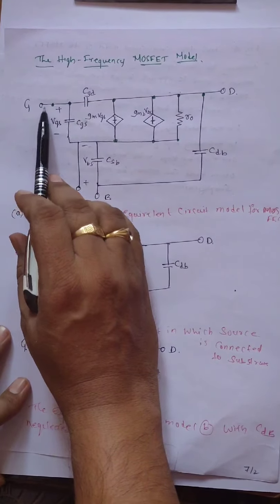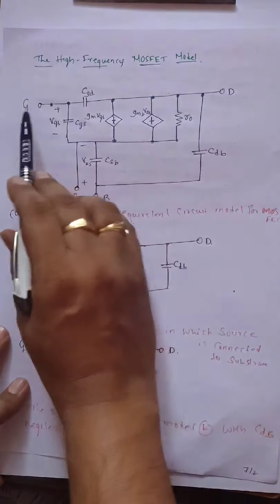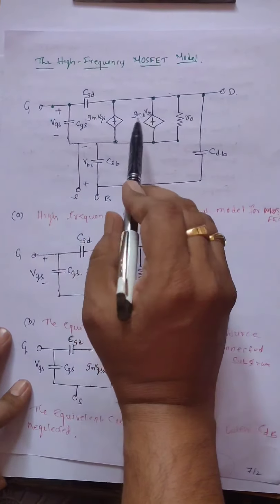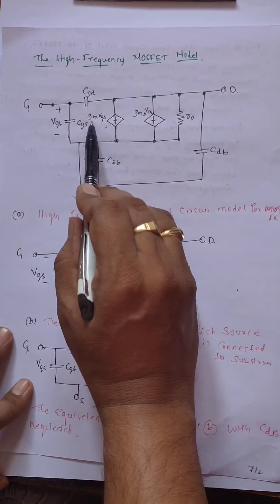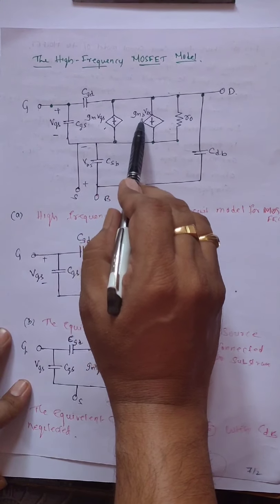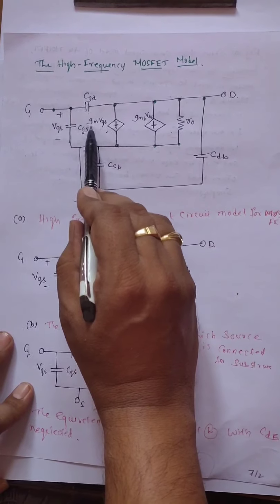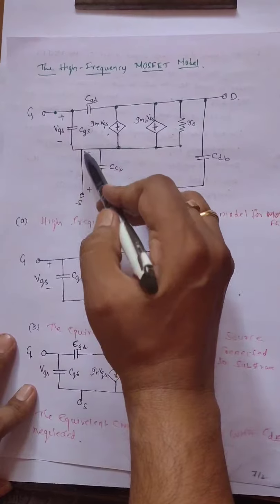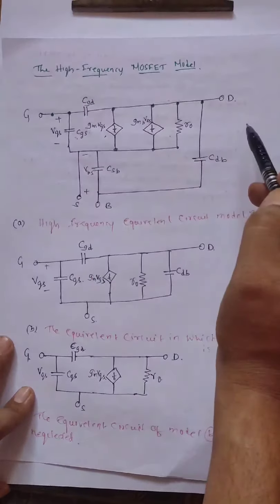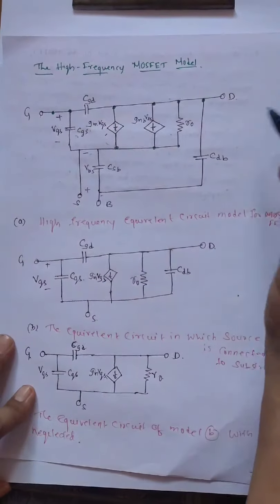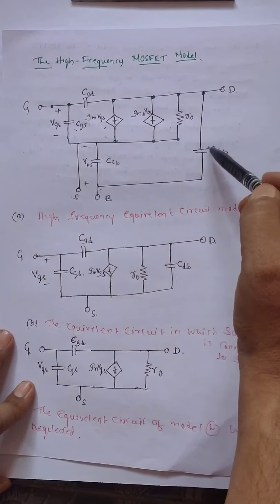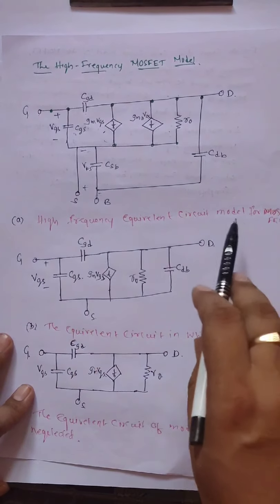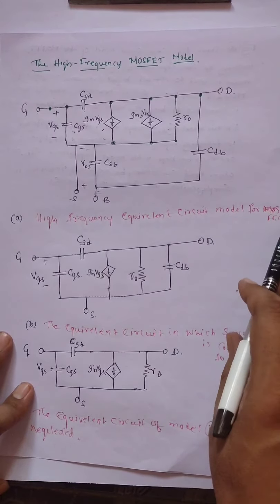Between drain and gate the capacitance is CGD, and between the two current sources, gm VGS and gm VBS, CGS is introduced between the gate and source, as shown here. Similarly, capacitances are introduced between source and body and between drain and body. This shows the high frequency equivalent circuit model for our MOSFET.